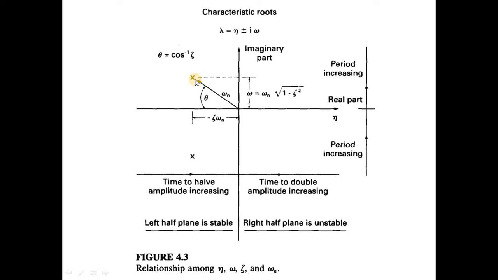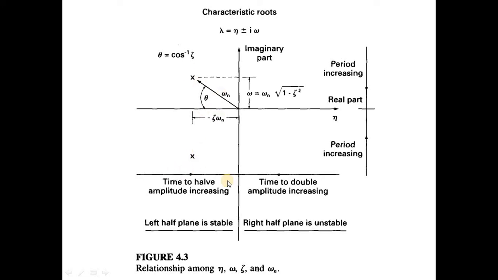So for aircraft longitudinal motion, it will behave like this, be it phugoid or short period oscillation. The good and the bad motion will be determined by the location of the roots.